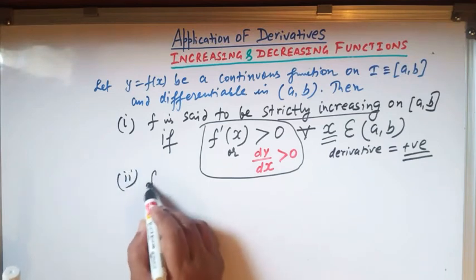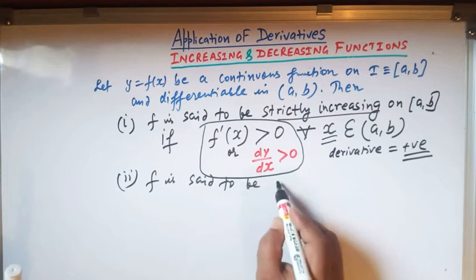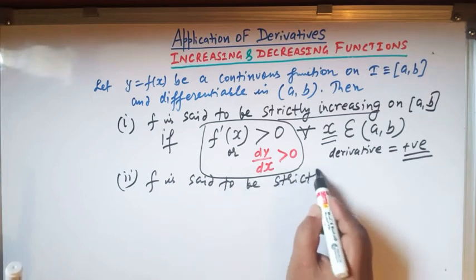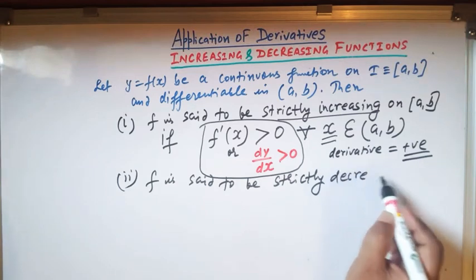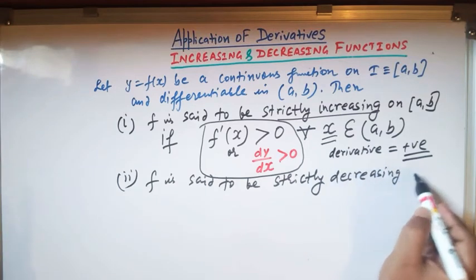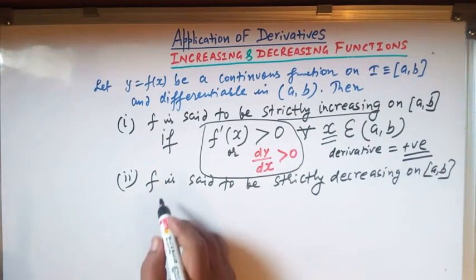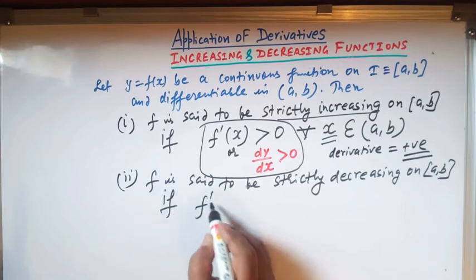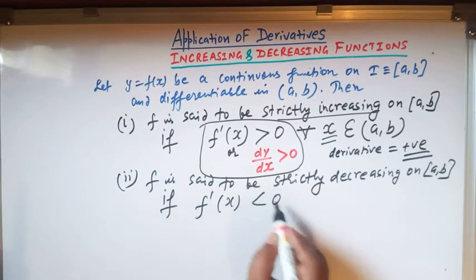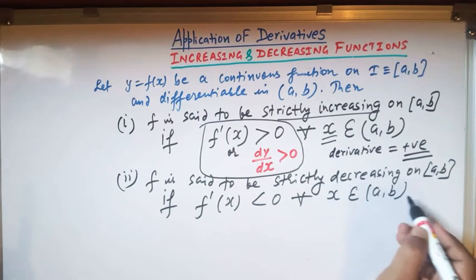f is said to be strictly decreasing on this closed interval a comma b if the derivative is less than 0 for all x belonging to a comma b.